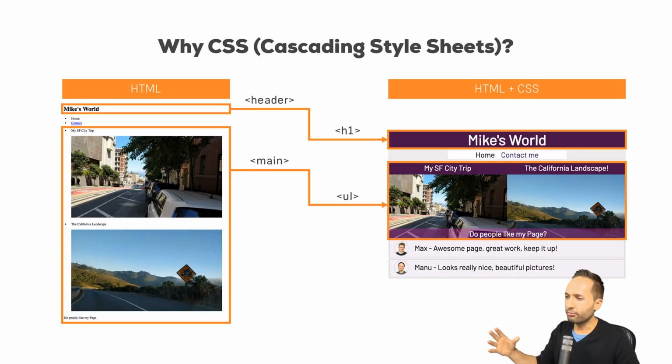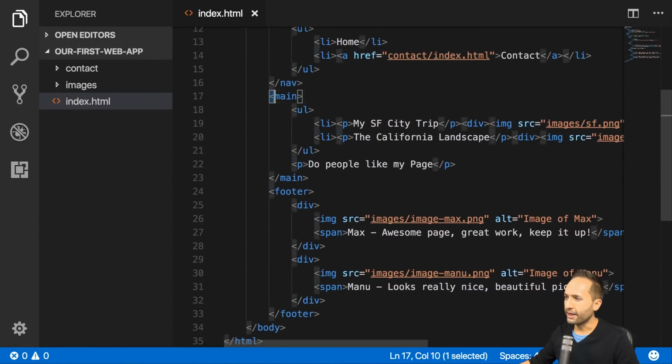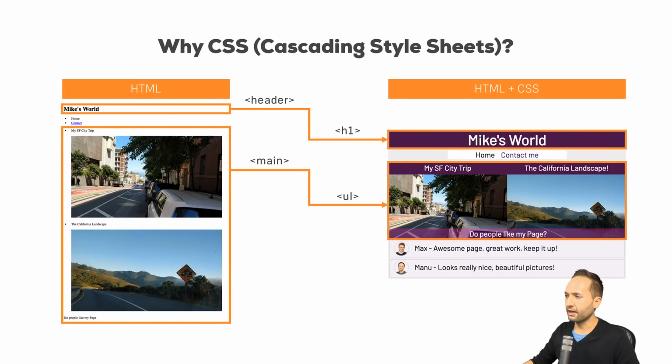And the content that we have in this main element is basically an unordered list. Now, let's have a look at the code again. And right here, we have the main element right there. Here we have the unordered list. We also have the list right here and the paragraph, but we'll talk about that later. The important thing now is, if we go back to the slide, that we should be able to access or again select the different elements to be able to apply specific styles to them.